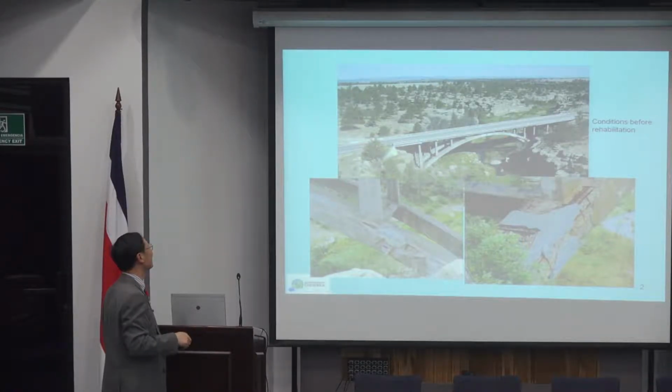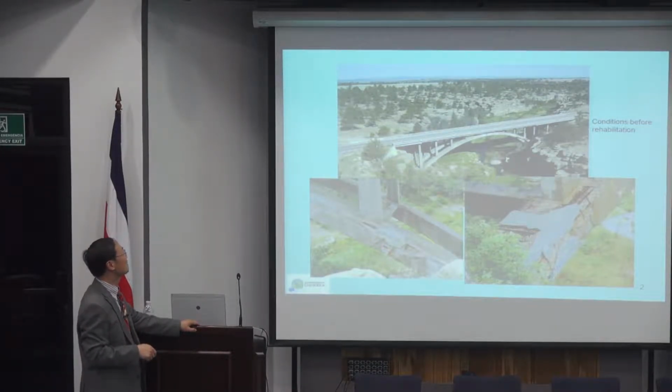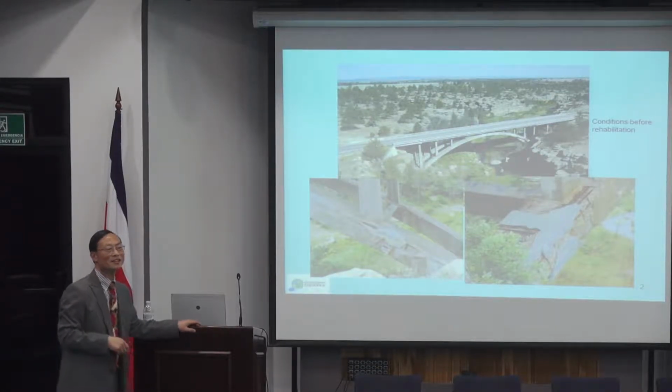And the arch actually did not have sufficient strength. So what they did was use FRP material to reinforce these arches to make them sufficient. And one strategy they used, because they had to shut down the bridge, was to minimize the duration of the shutdown.